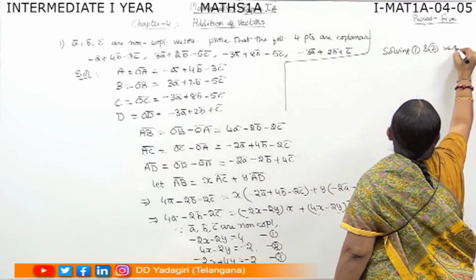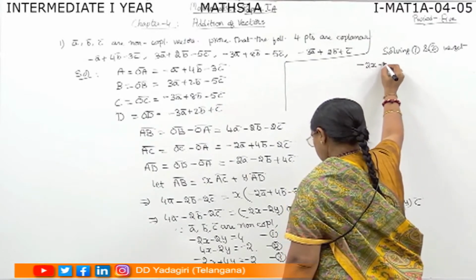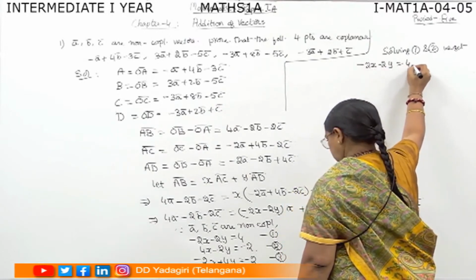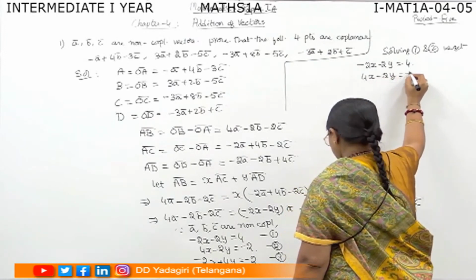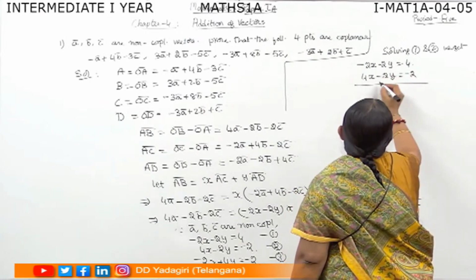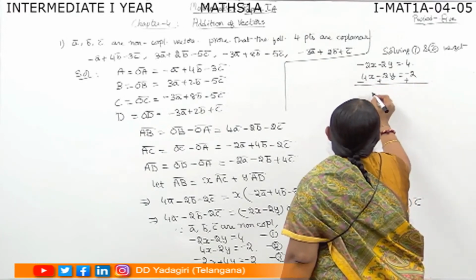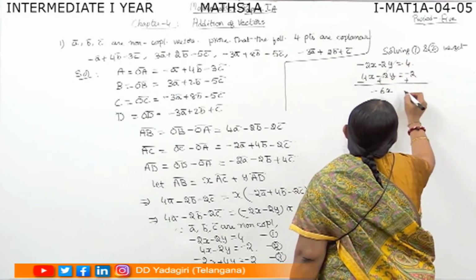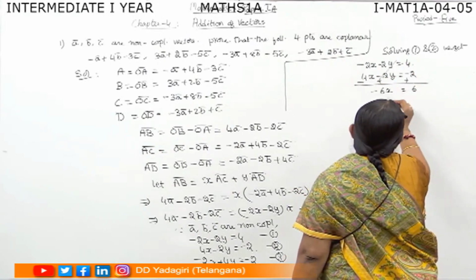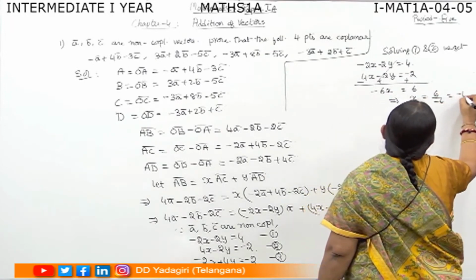So you have minus 2x minus 2y is equal to 4, and then 4x minus 2y is equal to minus 2. So when you subtract, minus and this is plus, you get minus 6x. These two will get cancelled. So minus 6x is equal to 6. So x is equal to 6 by minus 6, that is minus 1.